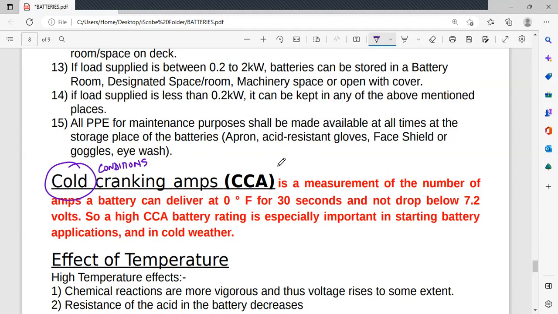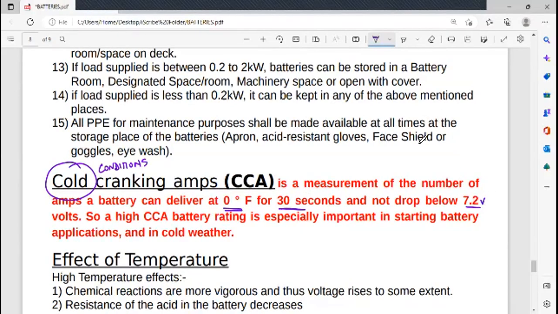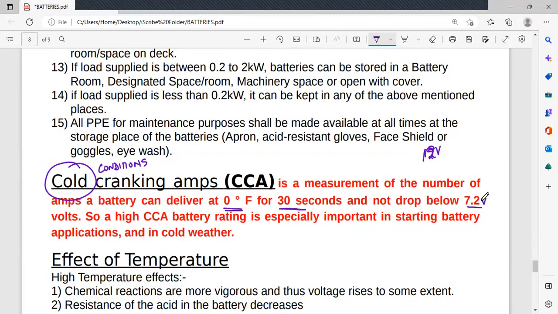Cold cranking amperes is a measurement of the number of amps a battery can deliver at 0 degrees Fahrenheit for 30 seconds continuously and not drop below 7.2 volts. Not 9 volts, from a 12-volt battery. If they're talking about a 12-volt battery, then that battery voltage should not drop below 7.2 volts.